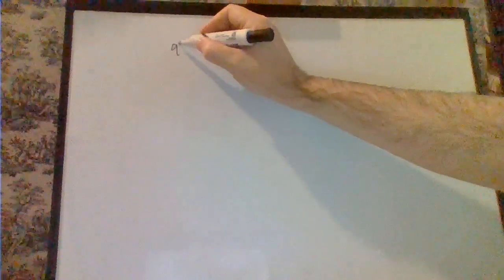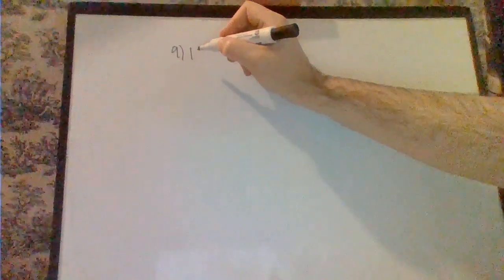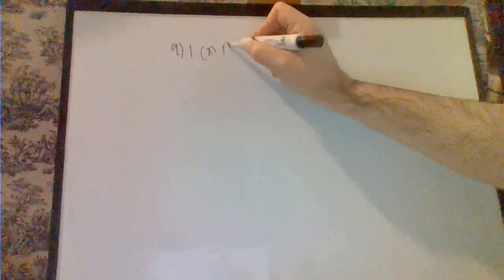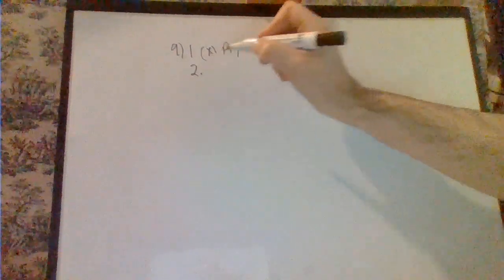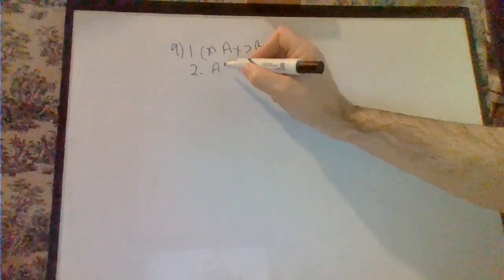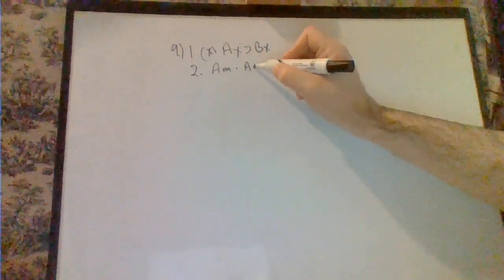Number 9. We have x, ax, then bx. 2, we have am and an. Therefore, bm and bn.